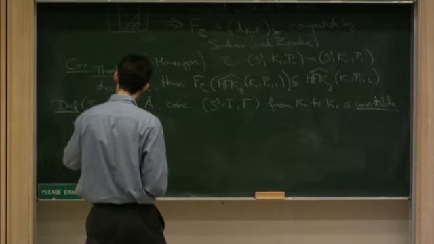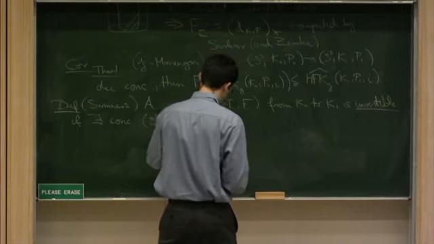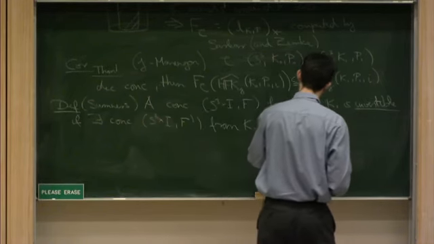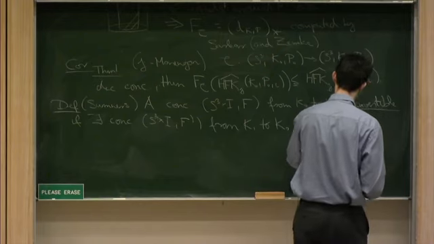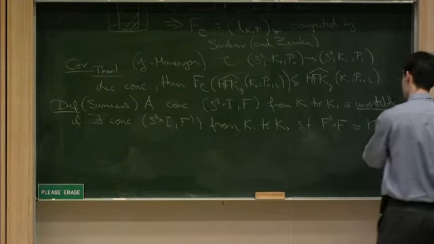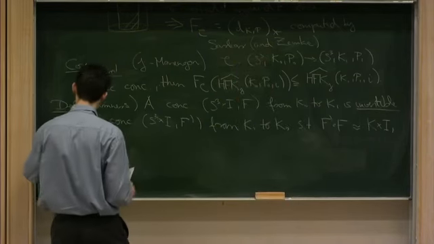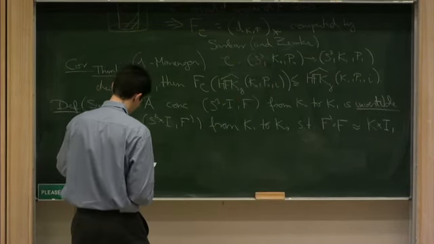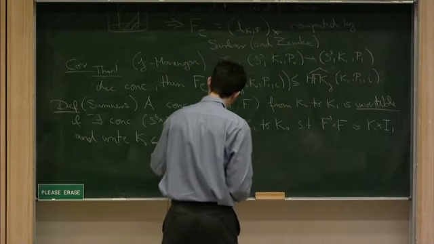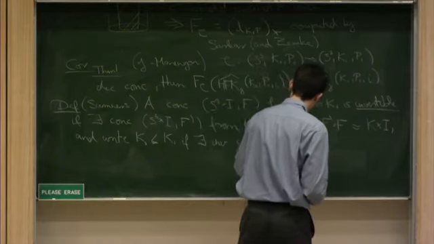So if there exists a concordance S3 cross I, F prime, from K1 to K0, such that F prime composed with F is equivalent to the product concordance K cross I. And we write K0 less than or equal to K1 if there exists an invertible concordance from K0 to K1.